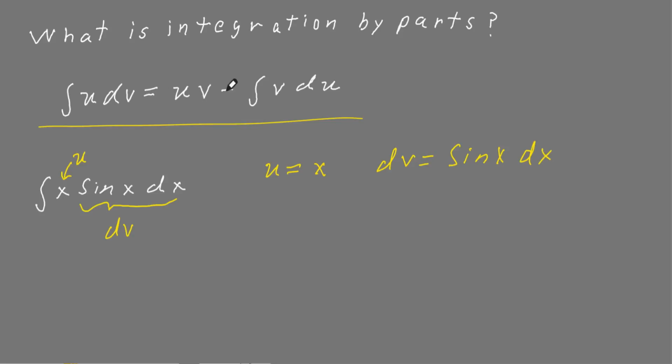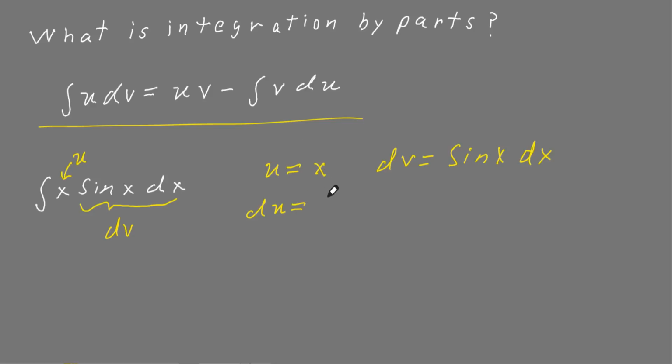So if you go back and look at the formula again, the formula says that you need a v and you need a du. Well, you can get the v just by integrating this, and you can get the du by taking the differential of this. The differential of a function of x is just equal to the derivative of the function with respect to x times dx.